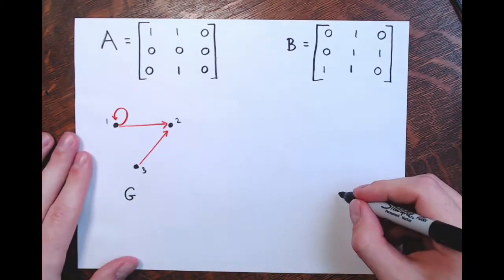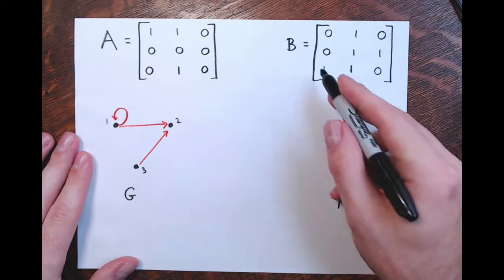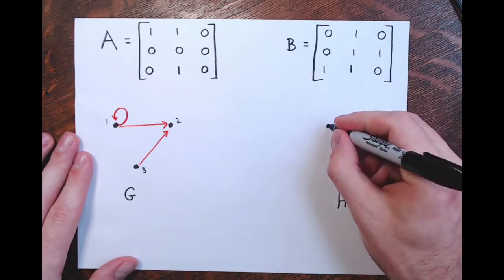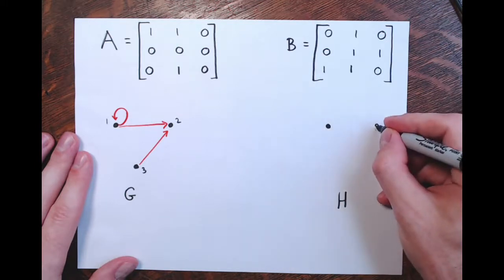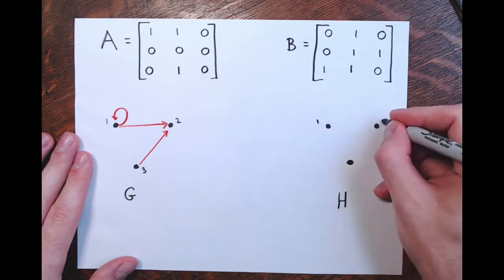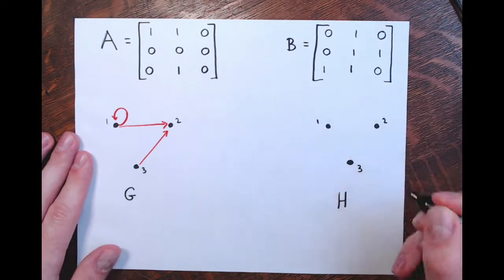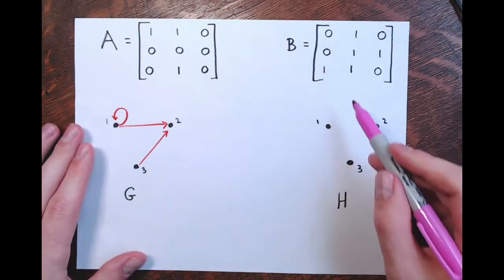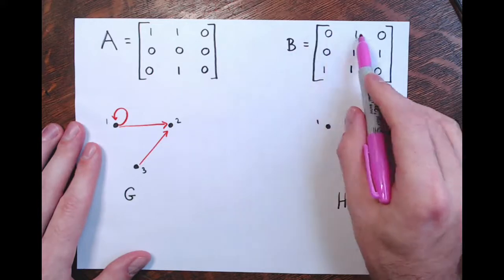And then I'll call the graph with adjacency matrix B, I'll call that H, and draw a similar picture. Again, they have the same set of vertices. It's a 3 by 3 matrix, so I got these vertices 1, 2, and 3. And again, I'll draw the edges corresponding to the 1s in this matrix. So first row, second column, 1 to 2.